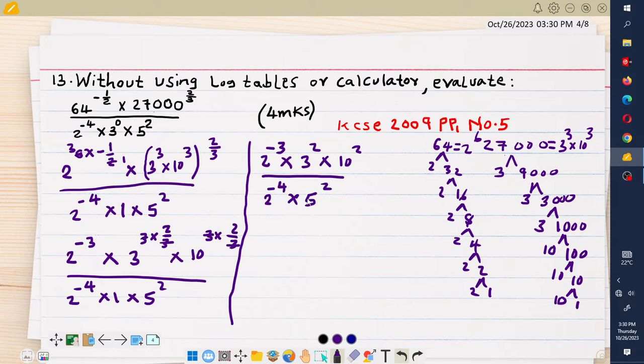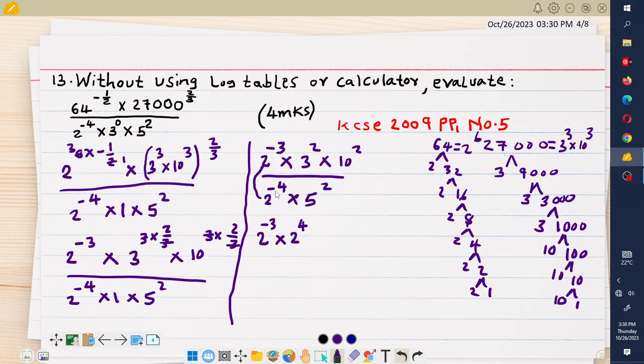Now let's look at the values, whether we have numbers with similar bases. You can see these two have similar bases, so I can take 2 to the power of negative 4 to the numerator such that the power will be negated. The negative of negative 4 will give you positive 4. So I'll have 2 to the power of negative 3, then multiplied by 2 to the power of positive 4.